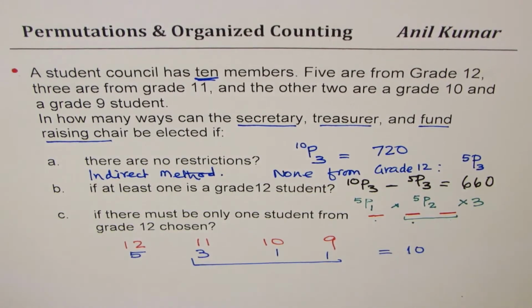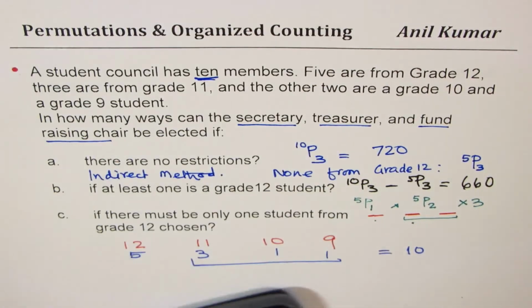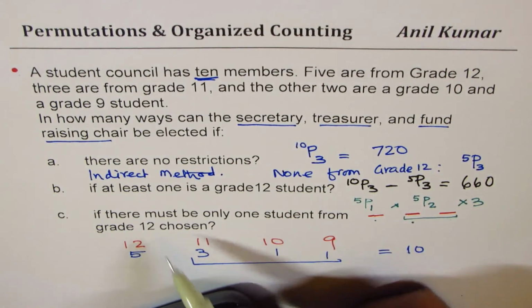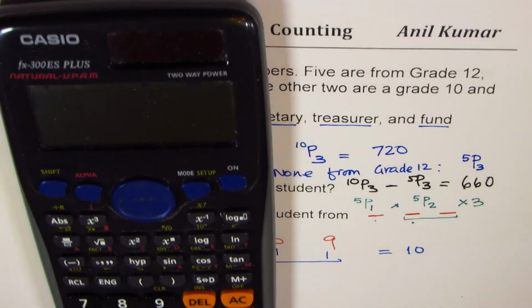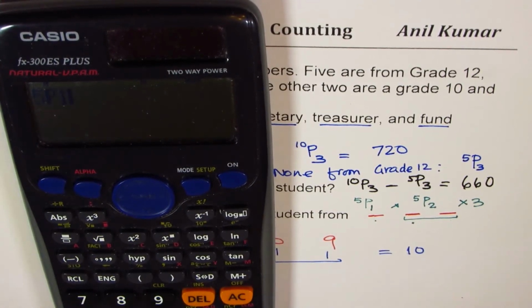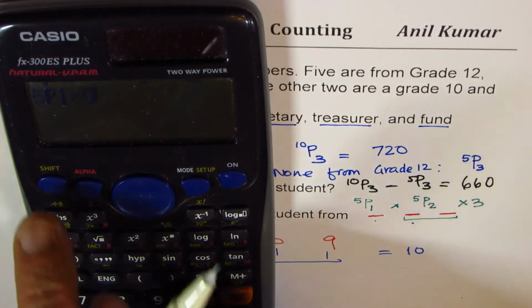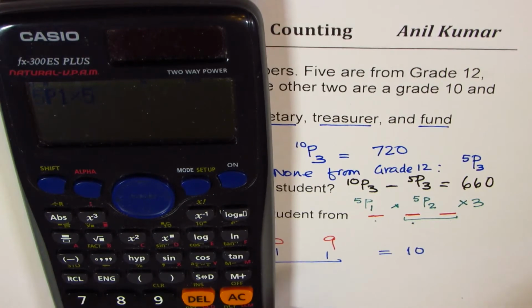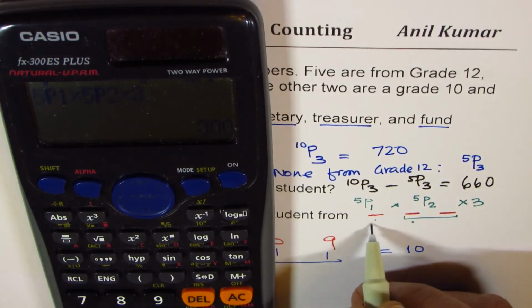So that is the solution for only one student from grade 12. So we get 5P1 times 5P2 times 3. So that gives us 300 as our answer.